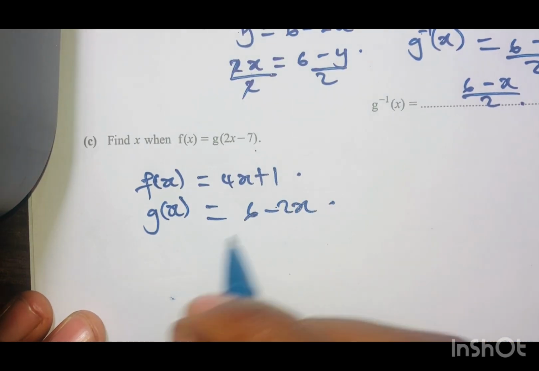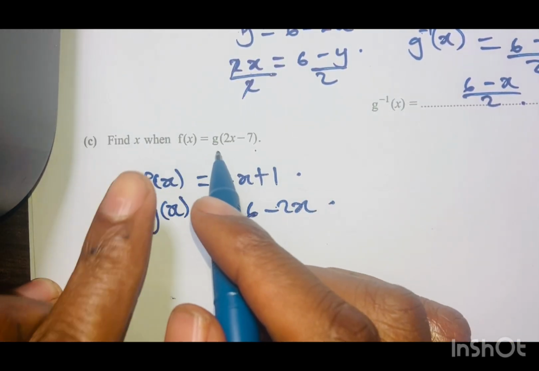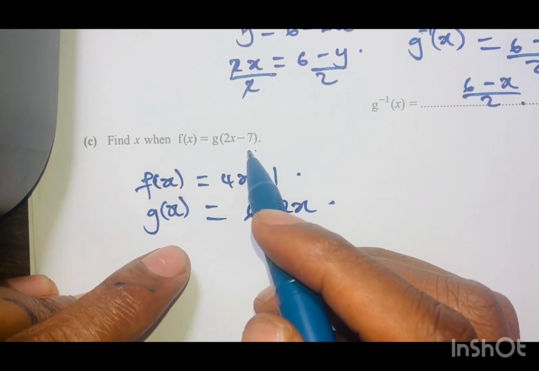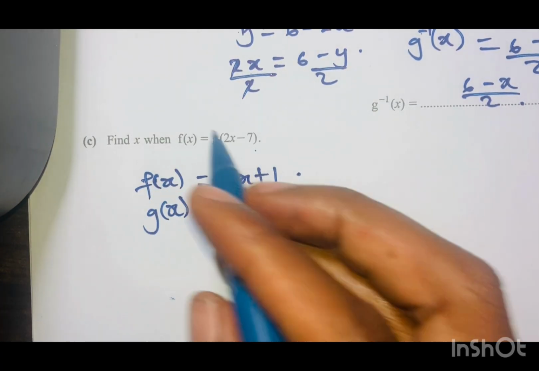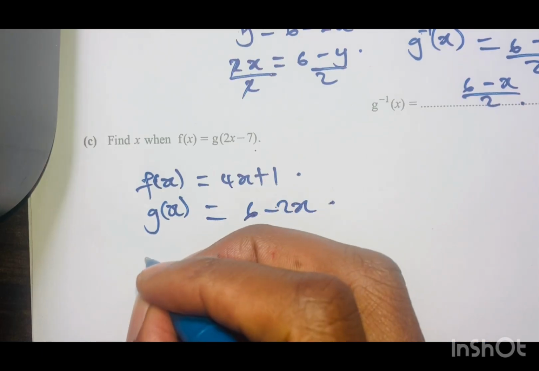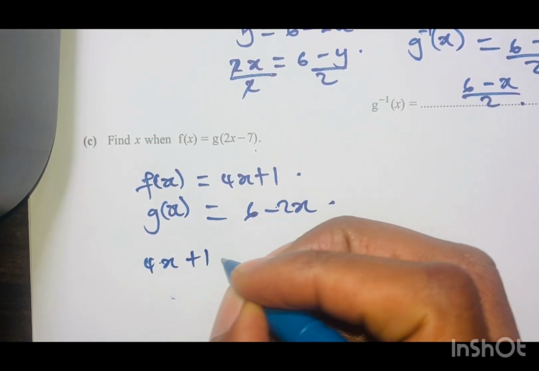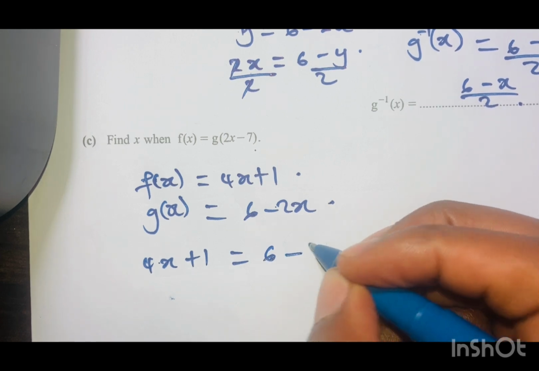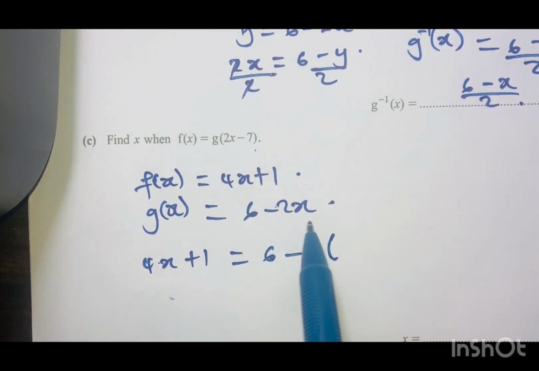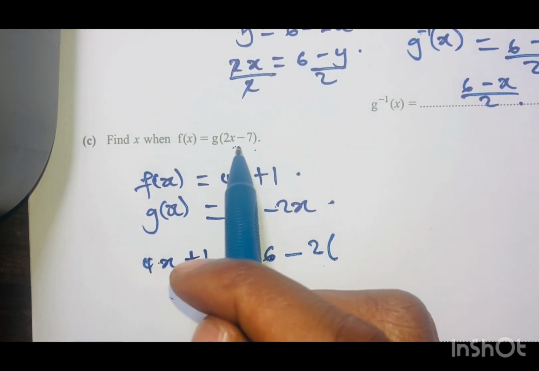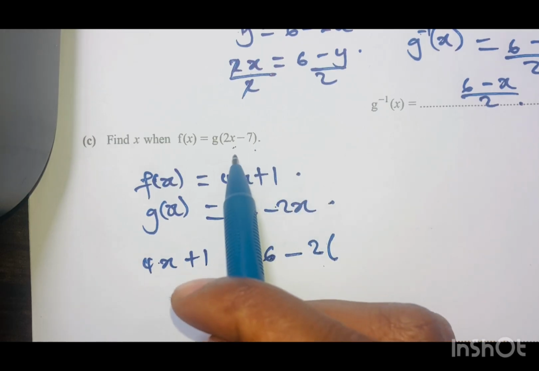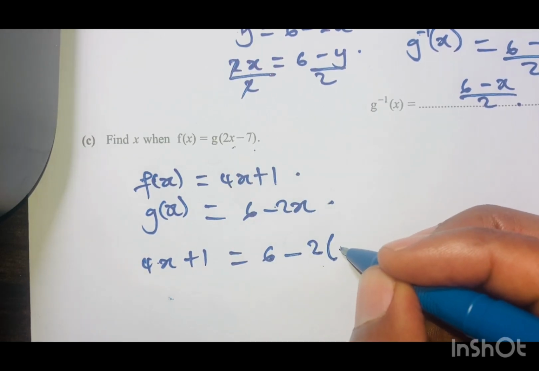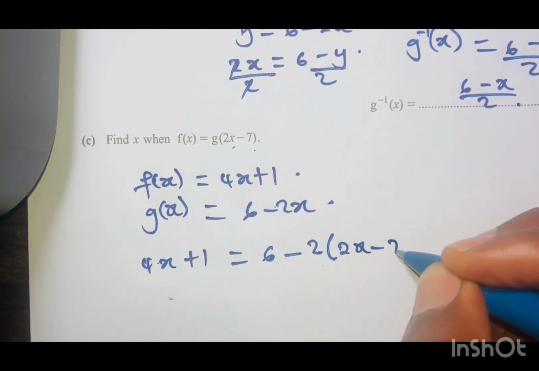So what am I going to do? f of x now is equivalent to g of 2x minus 7. So I'm going to say f of x, which is 4x plus 1, is equivalent to g of that, it's 6 minus 2, where x is, I'm substituting for this function, so instead of g of x it is now g of 2x minus 7, so 2x minus 7 here.